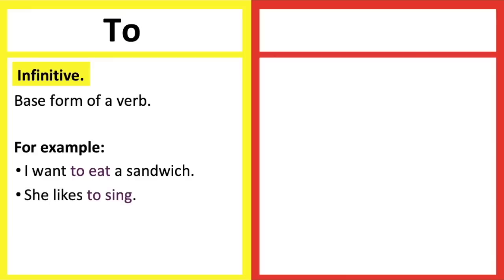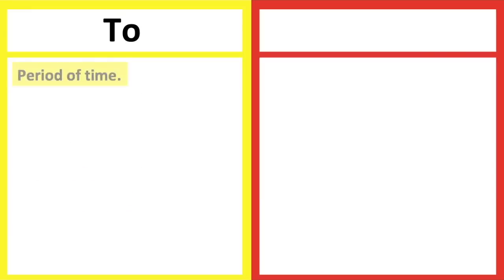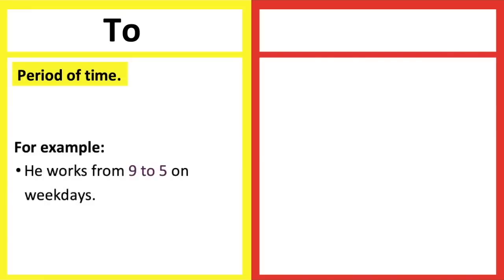She likes to sing. He likes to drink orange juice. To can be used to refer to the period of time. For example, he works from 9 to 5 on weekdays.